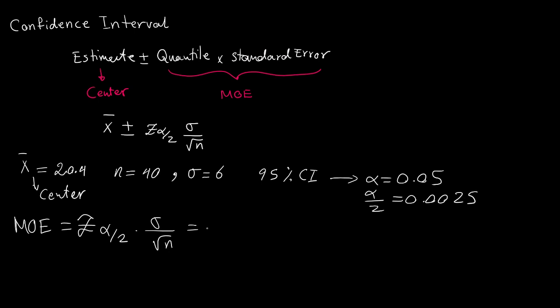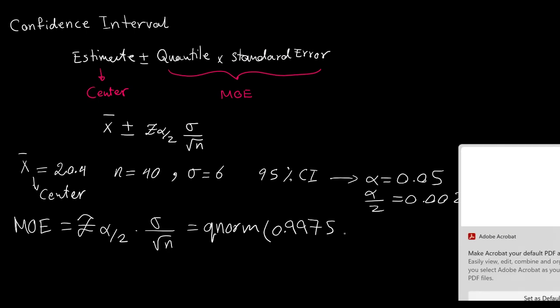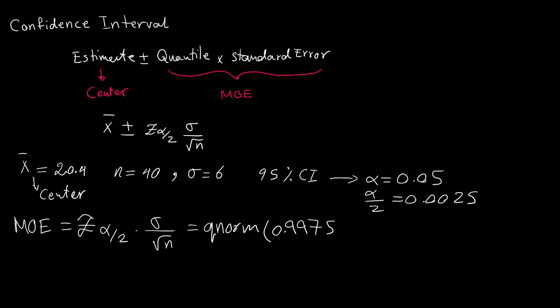To find z of alpha half, I use qnorm of 0.975, times sigma over square root of 40. So this is the margin of error.